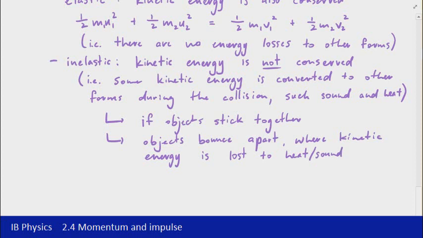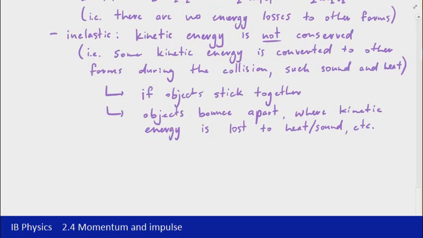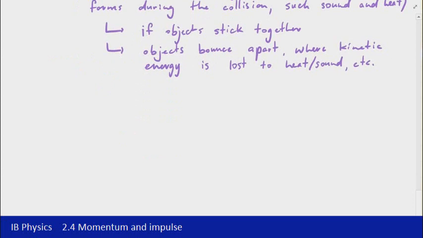Now, if we're dealing with elastic collisions, then we can't have objects sticking together at all. The objects will definitely bounce apart. But like I say, in order to determine whether it is elastic or inelastic, you have to identify whether kinetic energy has been conserved or if it has not been conserved.